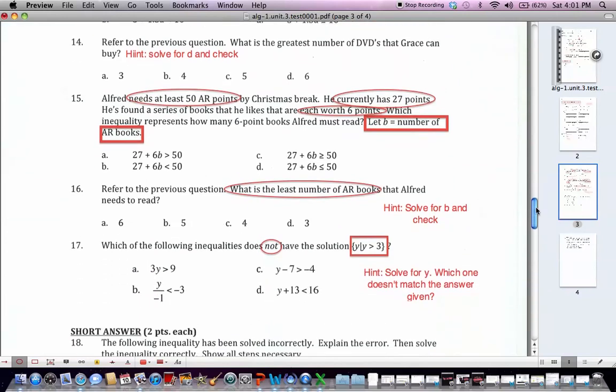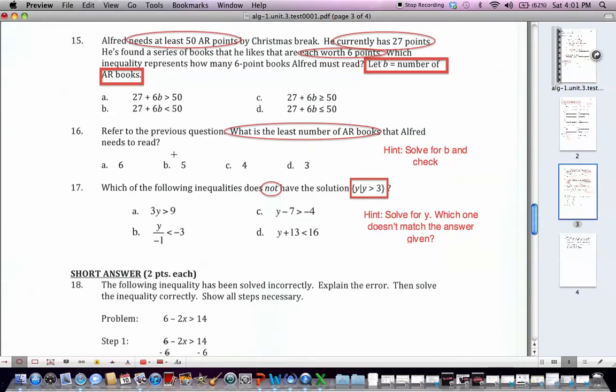Okay, number 15. Alfred needs at least 50 AR points by Christmas break, okay? I think Alfred goes to TCMS. He currently has 27 points. He found a series of books that he likes, and they are each worth 6 points.